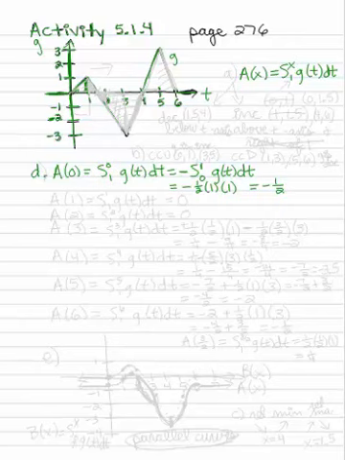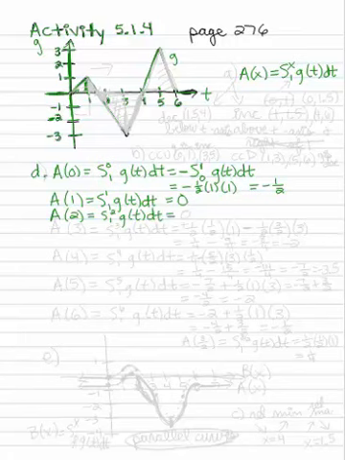And then we want to find A of 1. But that would be the integral from 1 to 1 of g of t dt. And so we know that's defined to be 0. Then we have A of 2, which is the integral from 1 to 2 of g of t dt.